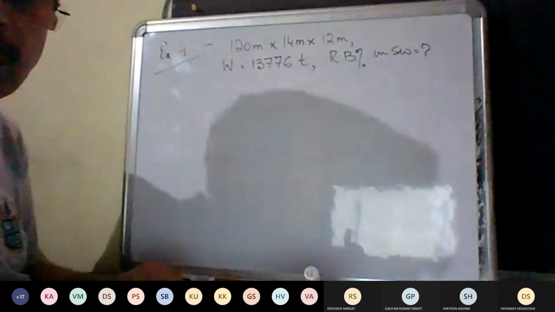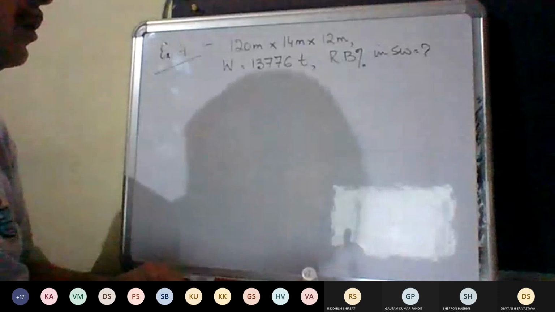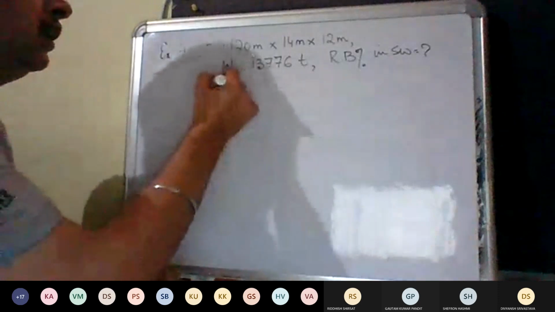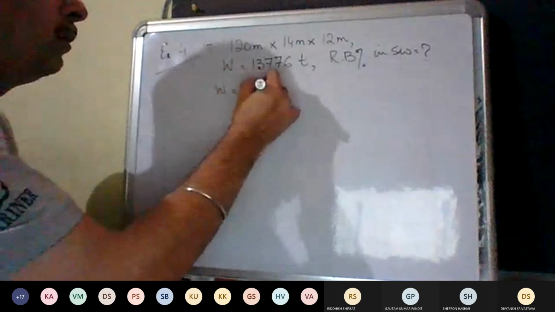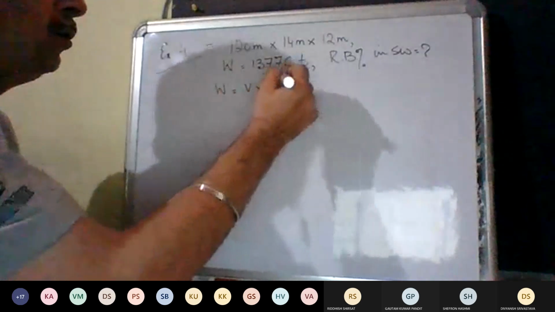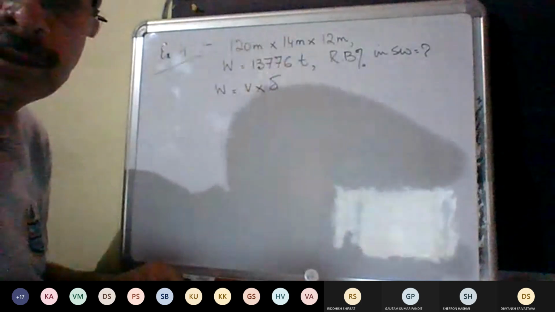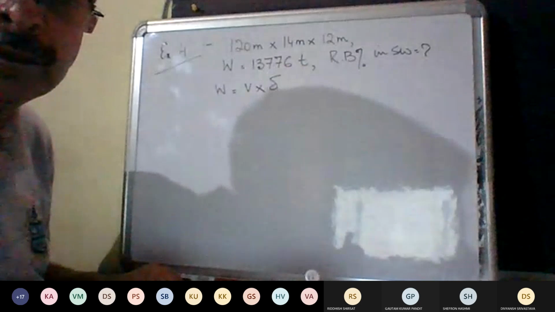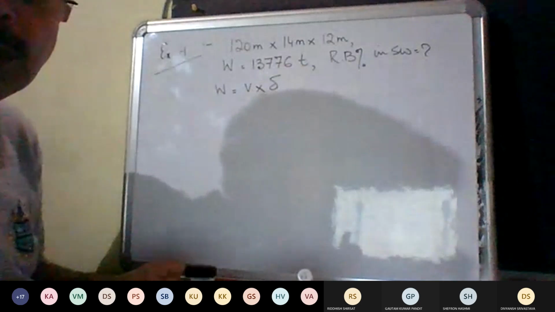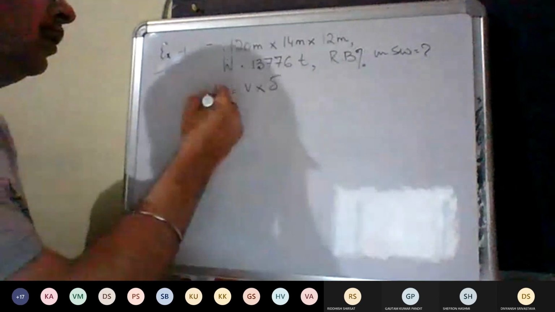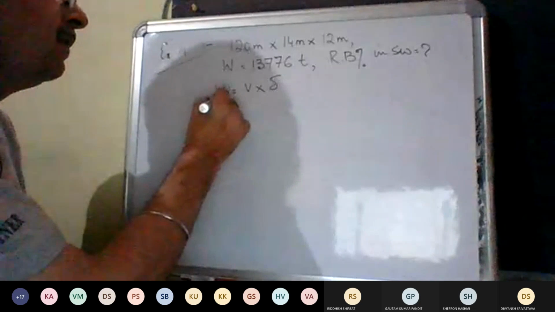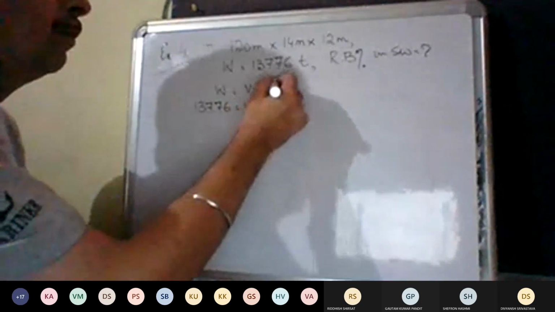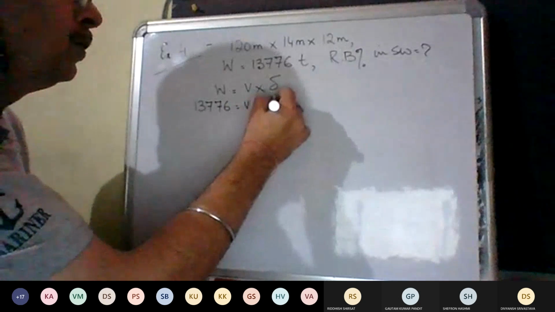So displacement is underwater volume into density. So 13776 is equal to underwater volume into 1.025.